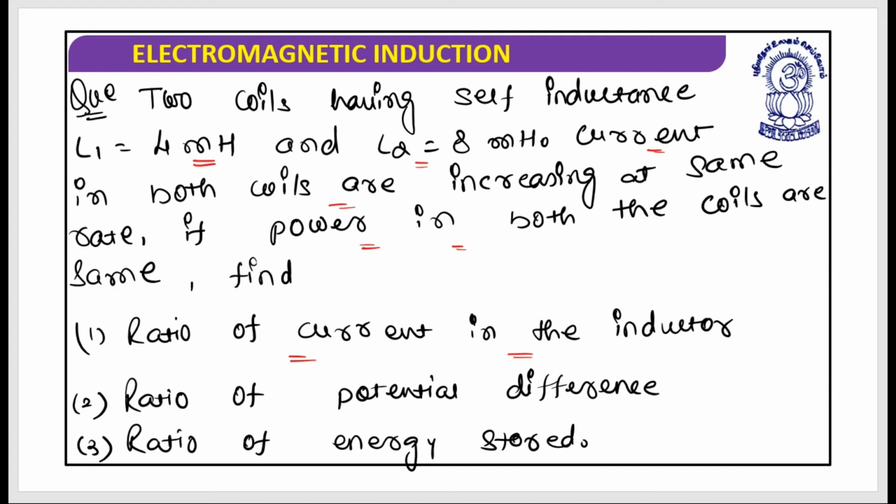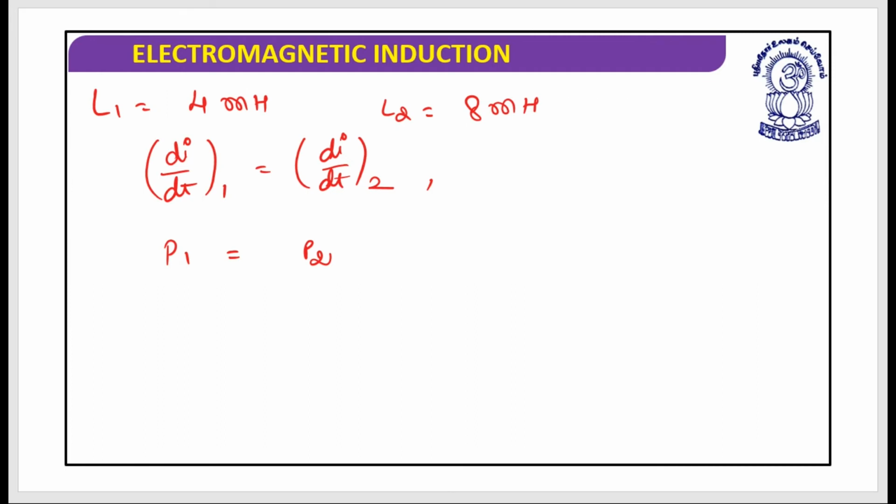How shall I find it out? Let's have a look. P1 is V1 I1, and this equals V2 I2.